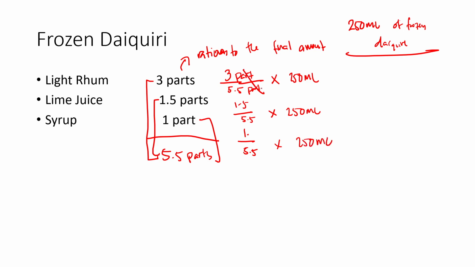Since these are all parts, they will cancel out. And what you will have is 3 divided by 5.5, 0.545. Then multiply by 250: 136.36 ml, 68.18 ml, and syrup is 45.45 ml.